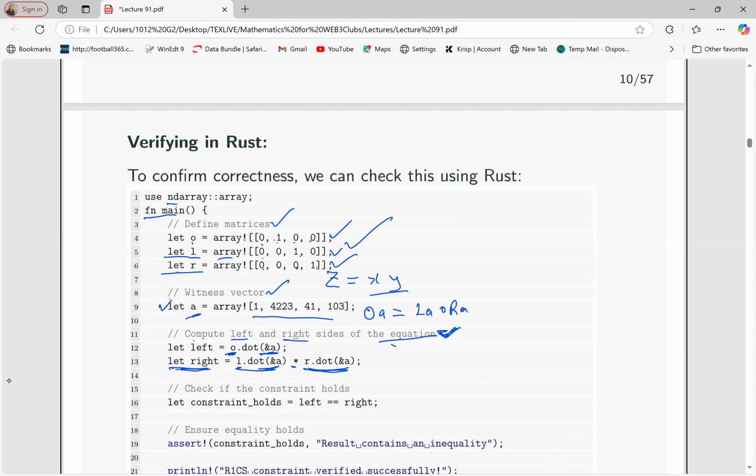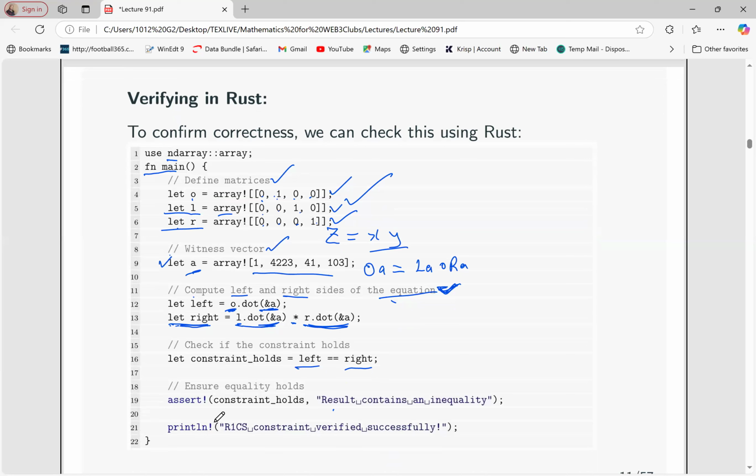And if it finds that the left side equals the right side, then it's supposed to tell us that the result contains equality, and therefore the R1CS, the rank 1 constraint system, is verified successfully. But if it finds that the left side does not equal the right side, then it must tell us that this is not successfully satisfied, it's not verified.